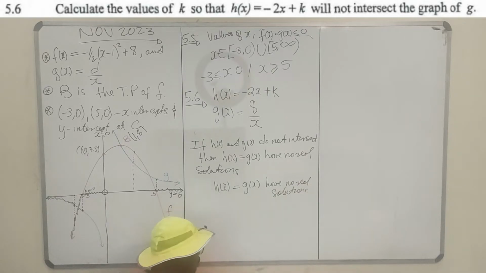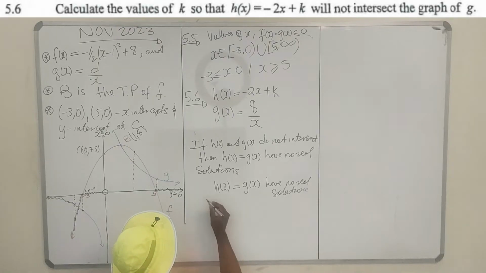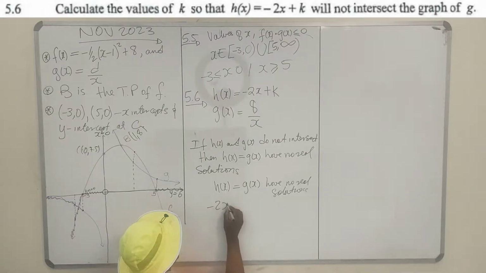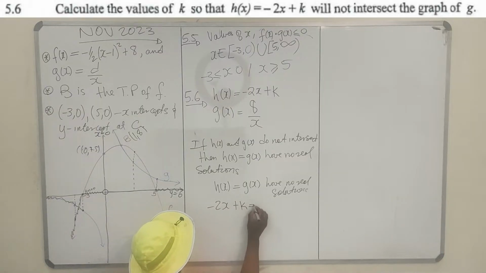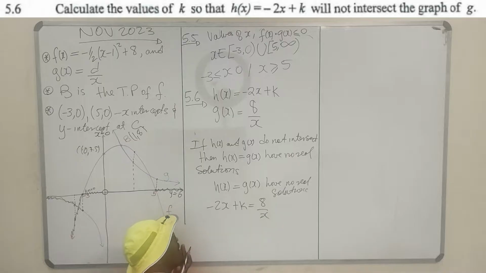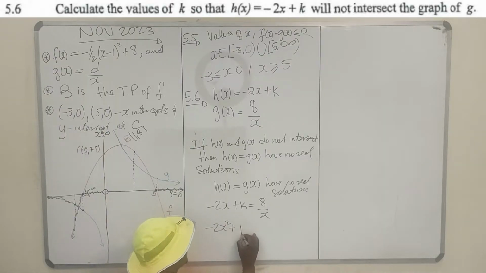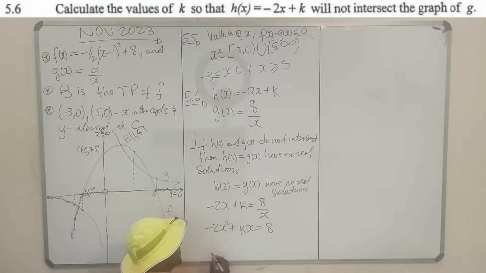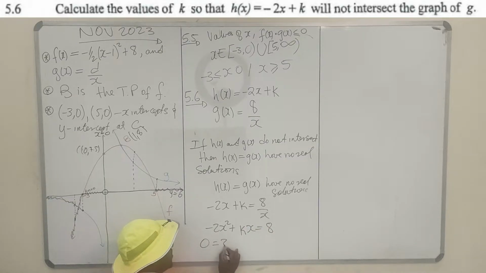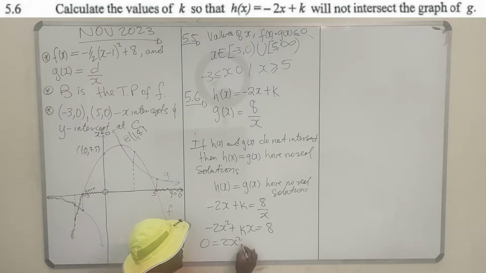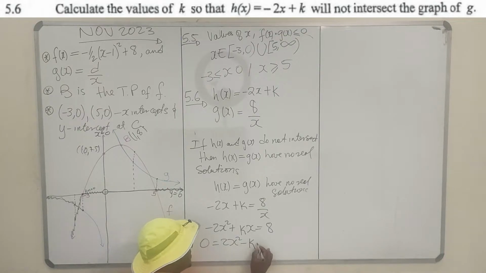So we have minus 2x plus k is equal to 8 over x. Multiplied throughout by x, minus 2x squared plus kx is equal to 8, so 0 is equal to 2x squared minus kx plus 8.